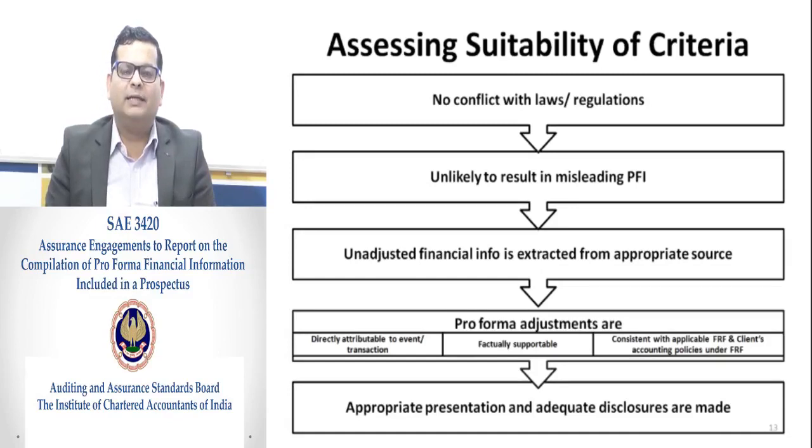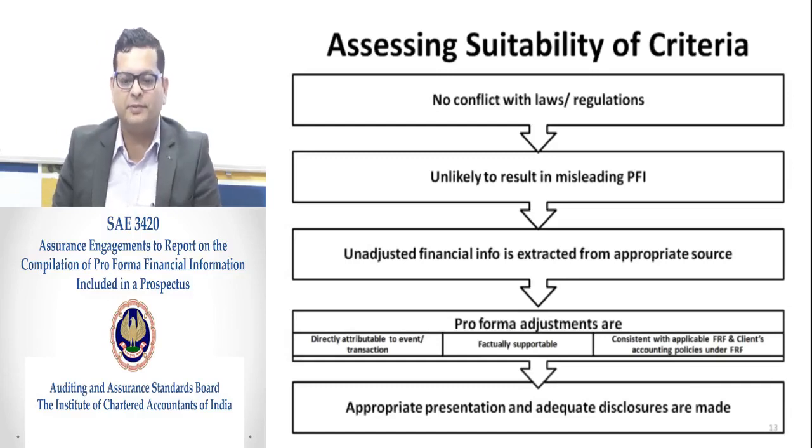Now, if pro forma financial information is required to be prepared, first of all, the financial information of B, which was prepared under Indian GAAP, needs to be converted into Ind AS. Only then should it be combined with entity A for the purpose of preparing pro forma financial information. Otherwise, it will not give a right picture, and that should not be the case.